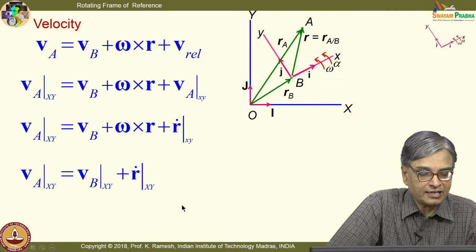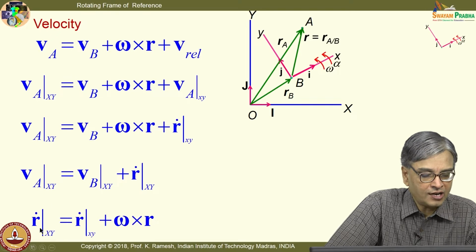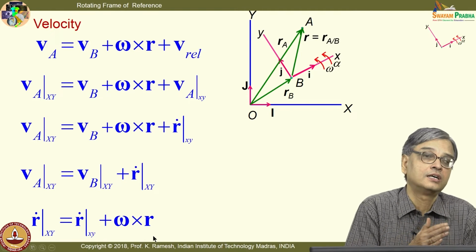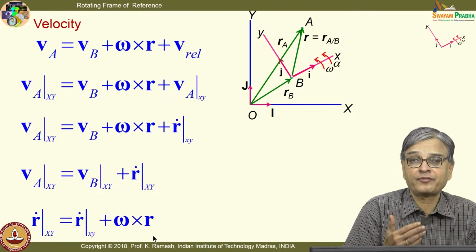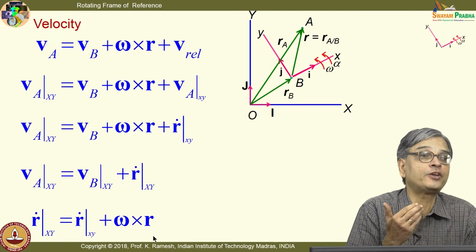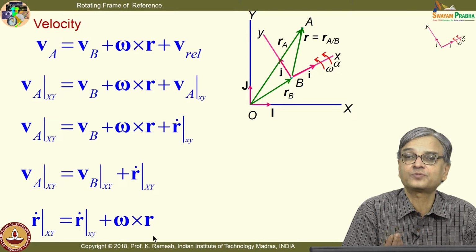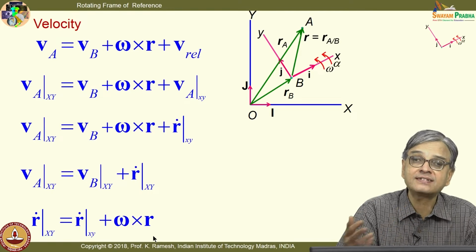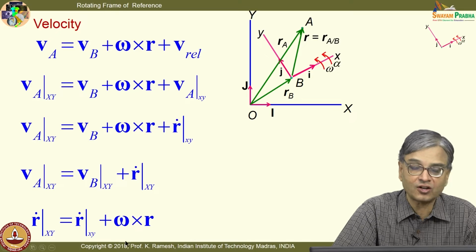From this we also get the knowledge that r dot capital XY equal to r dot small xy plus omega cross r. So, what we discussed was, when I sit in the rotating frame of reference, it is easier for me to measure r dot small xy. And a person moving with the rotating frame misses the quantity omega cross r.